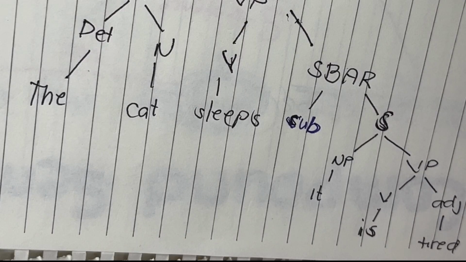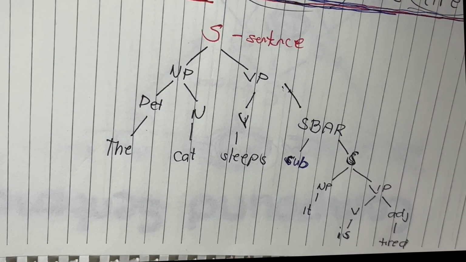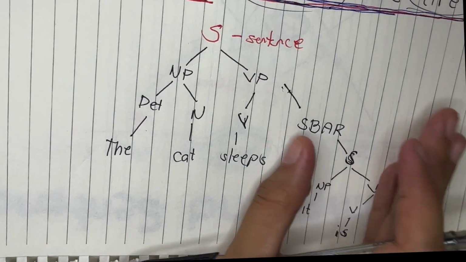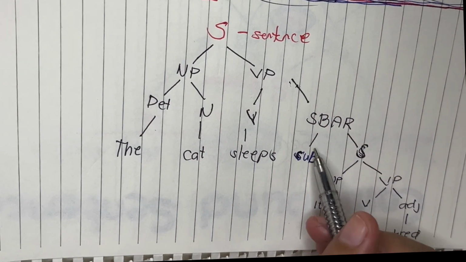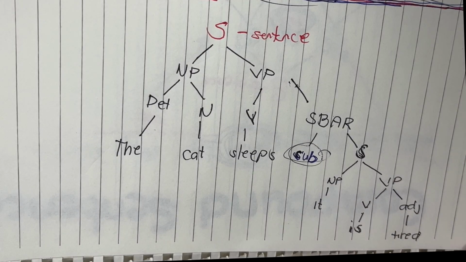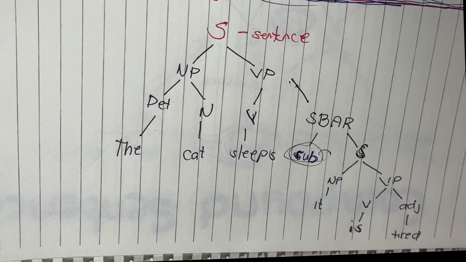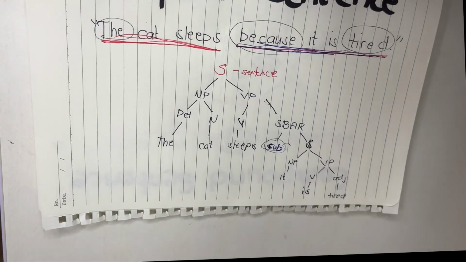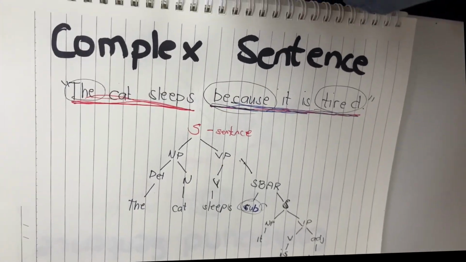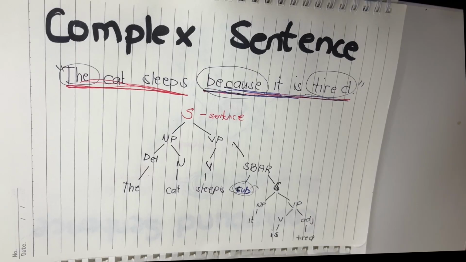So, this is a complex sentence because it contains one independent clause and one dependent clause introduced by a subordinator, because. The subordinate clause is embedded inside the verb phrase. So, that's all about complex sentences.